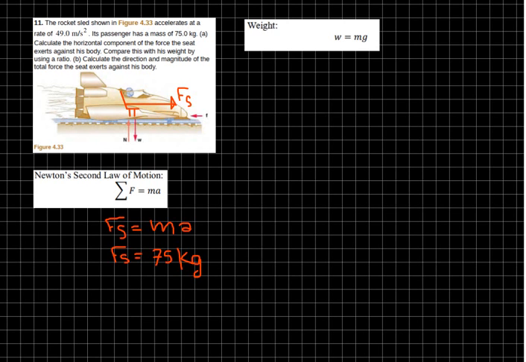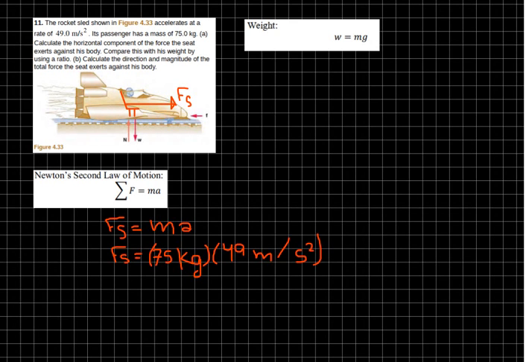And if the rocket sled is moving with an acceleration of 49 meters per second squared, that is also the acceleration of the passenger who is inside that rocket sled, 49 meters per second squared.